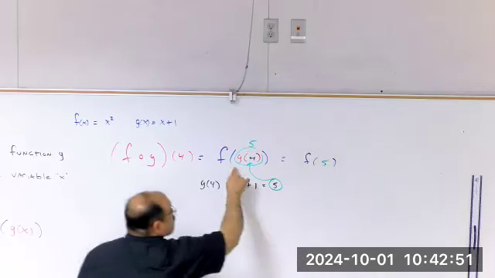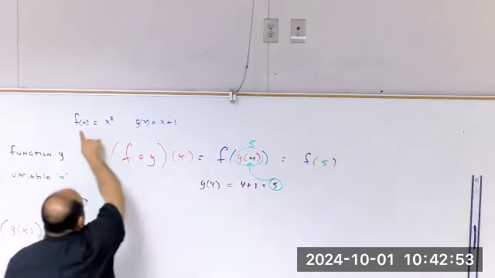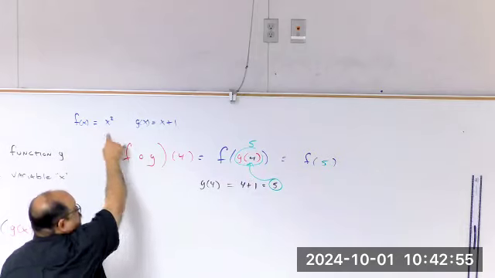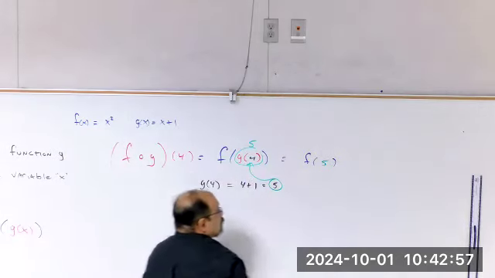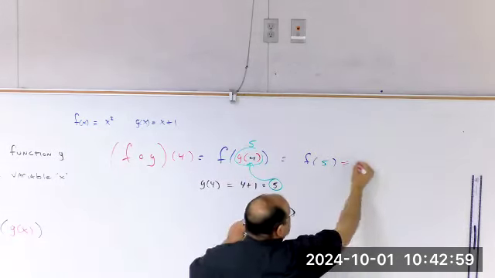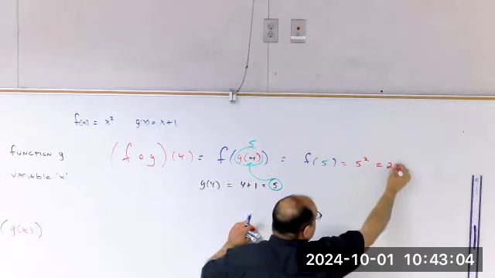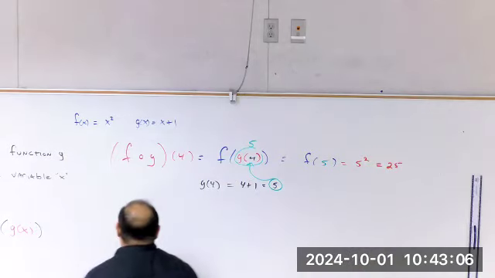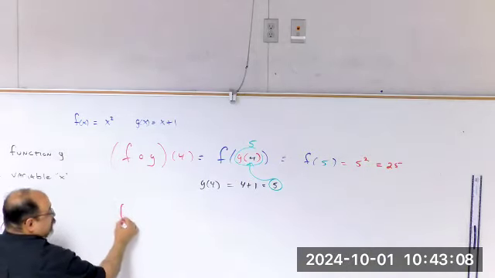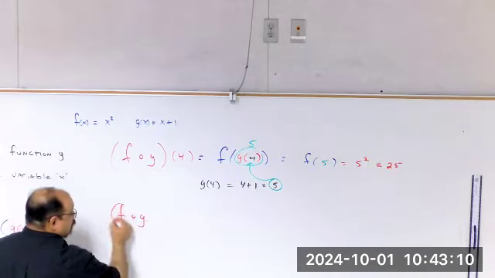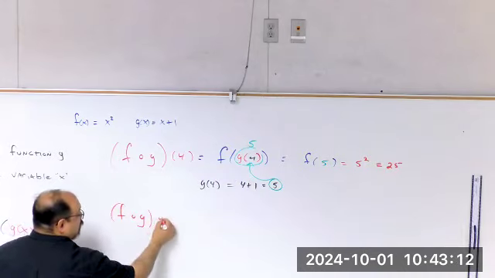So now we know what we're plugging into the f function. We're going to plug 5 into f. Whatever goes in is going to get squared. So this is equal to 5 to the second power. So we get 25. So on the test, at the bottom of the little box, you're going to have what is f circle g of 4.